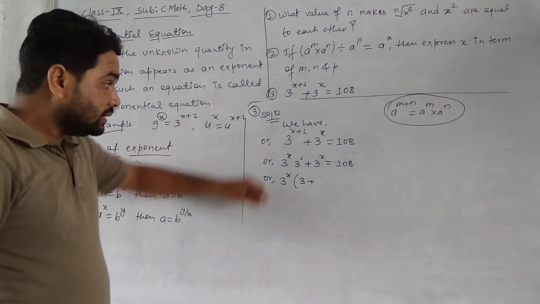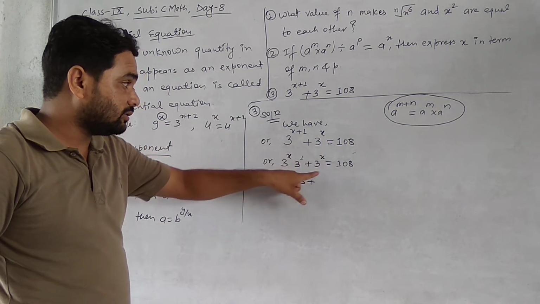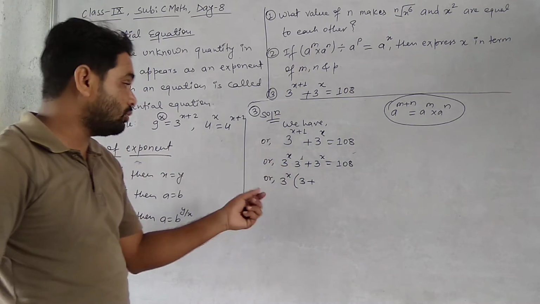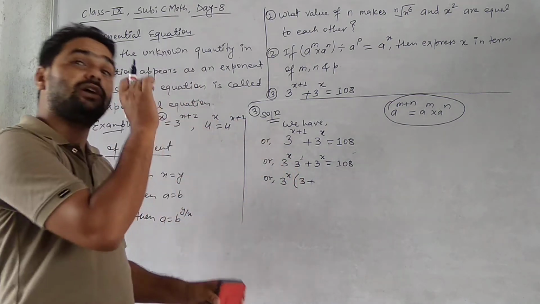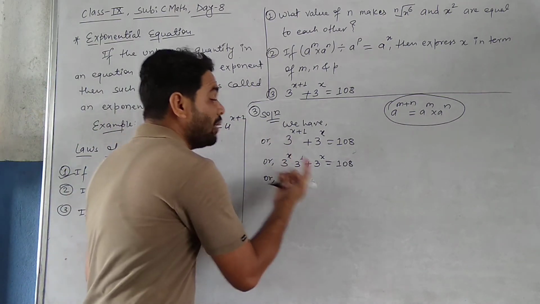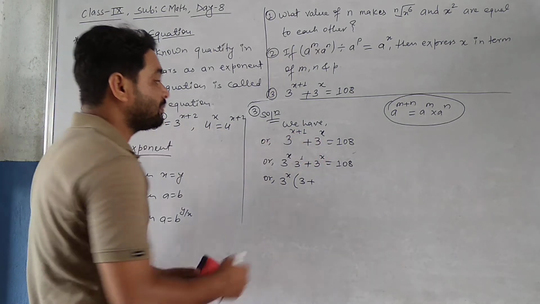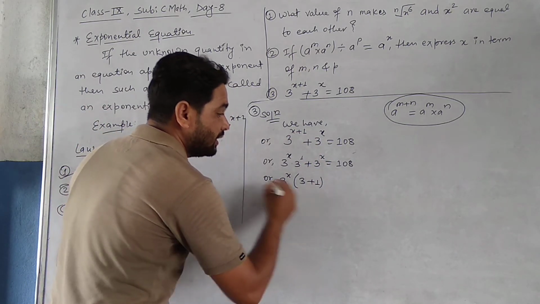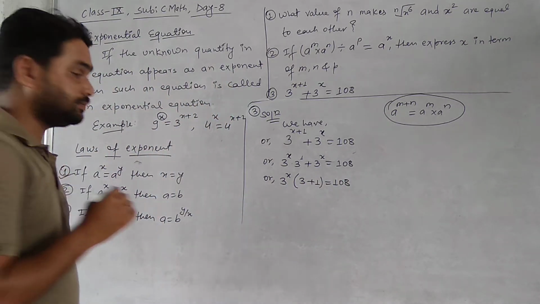And now look here, 3 power x is here and nothing else, that means if no term is left, we have 1. So if we take out 3 power x as common, then for the remaining nothing we get 1, equals 108.